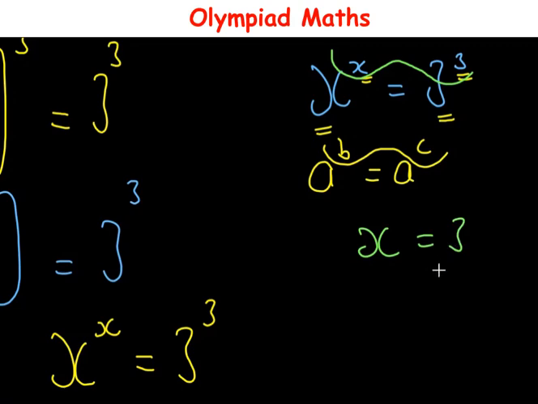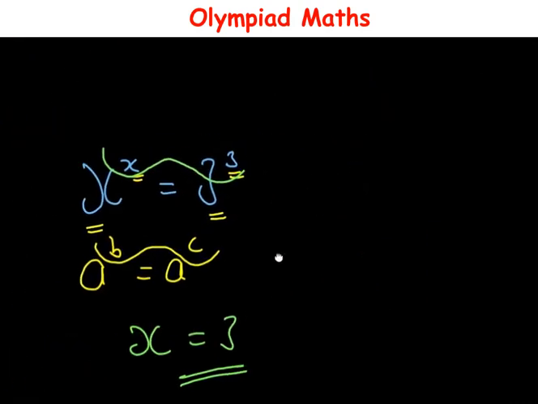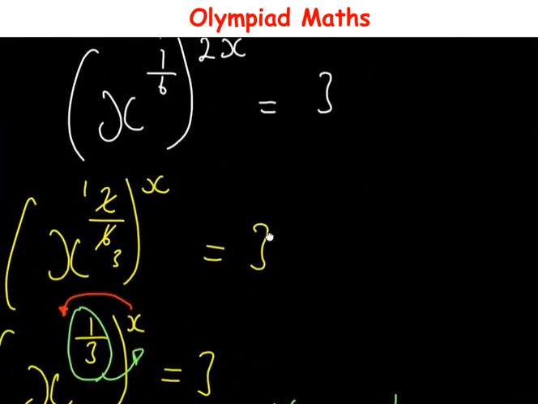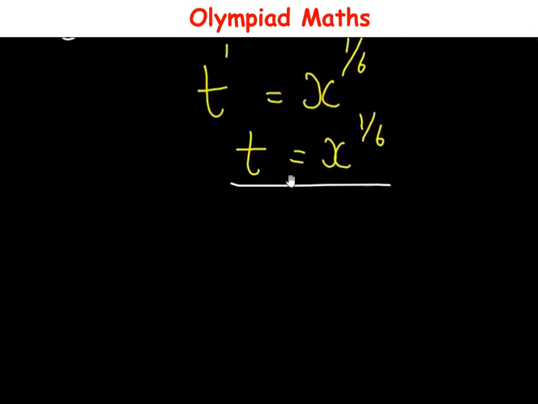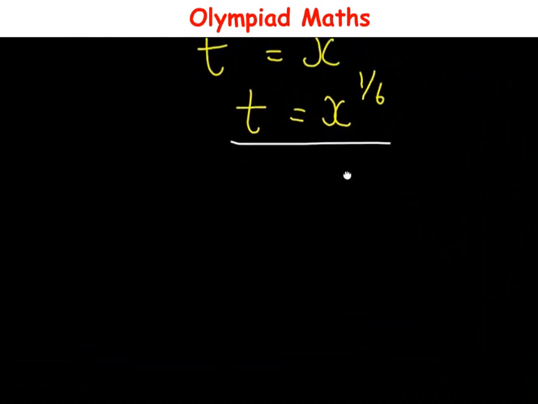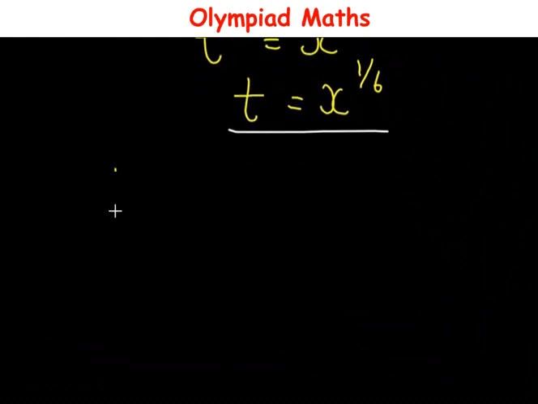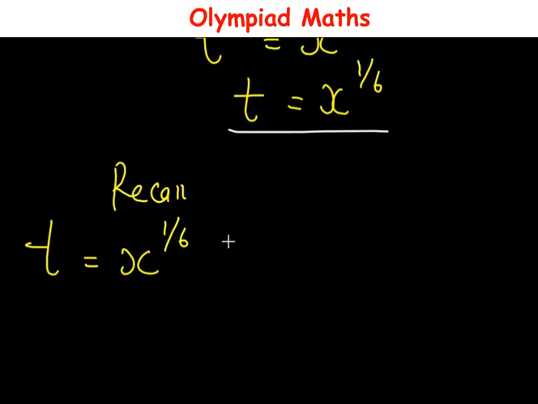Now with this, we've gotten the value of x, but the question was to solve for the value of t. So recall that from here, t is equal to x raised to power 1 over 6. And we got the value of x as 3.